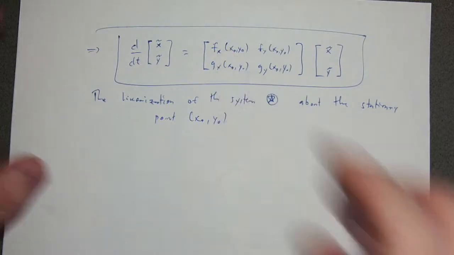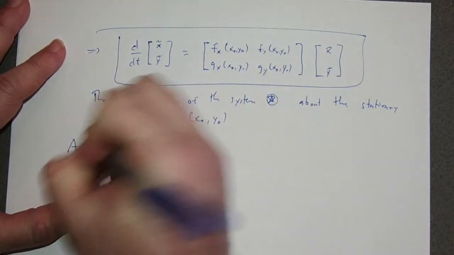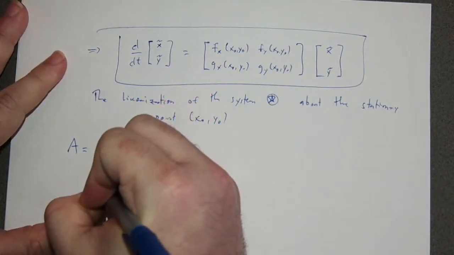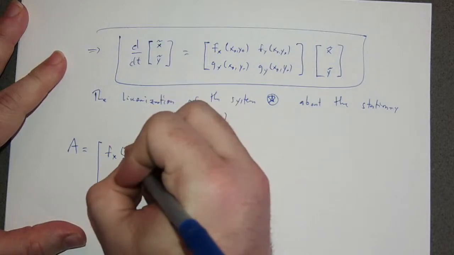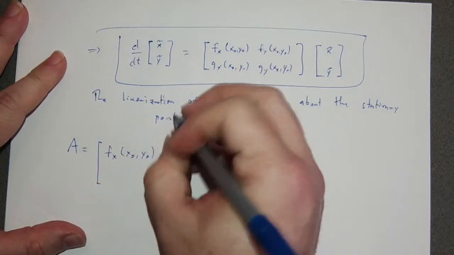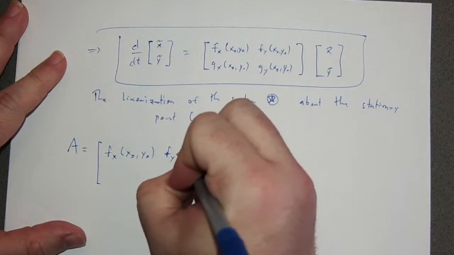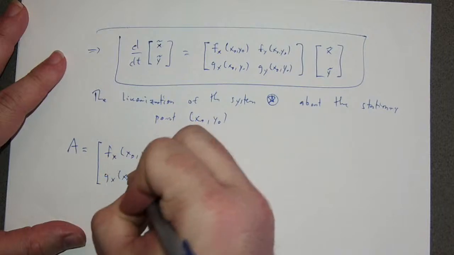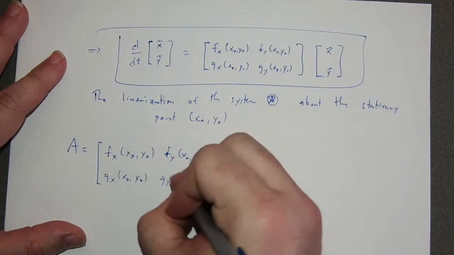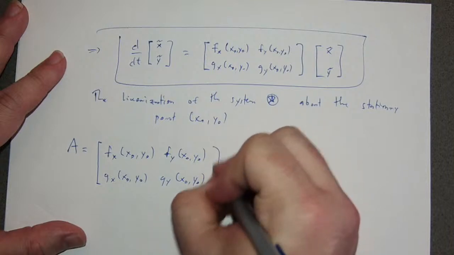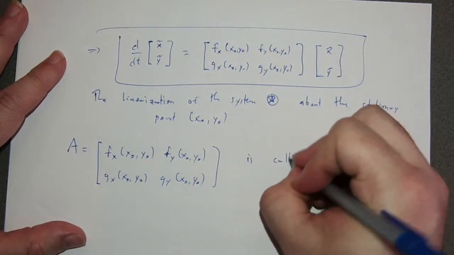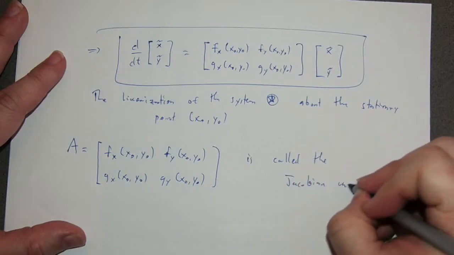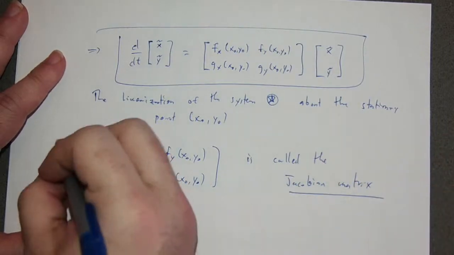This coefficient matrix is called the Jacobian of the system. So this matrix, I'll rewrite it again. It's this thing with f and g plugged in. It is called the Jacobian of that system. This is the Jacobian matrix.